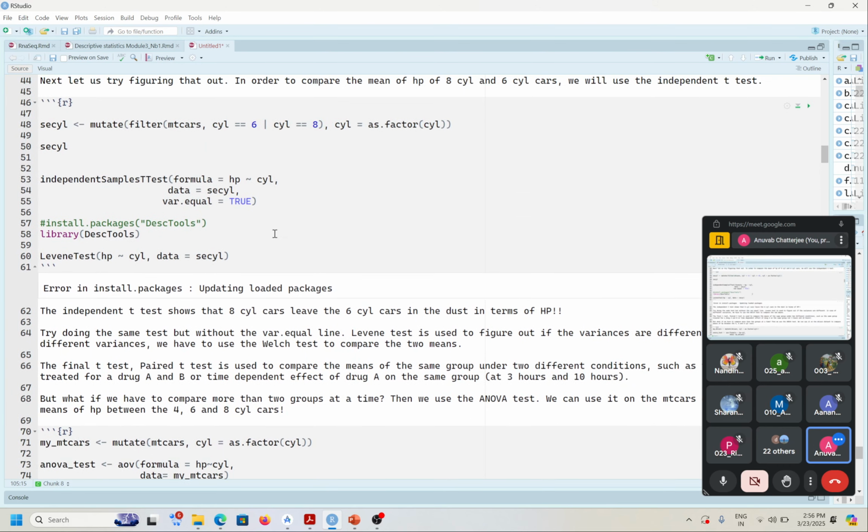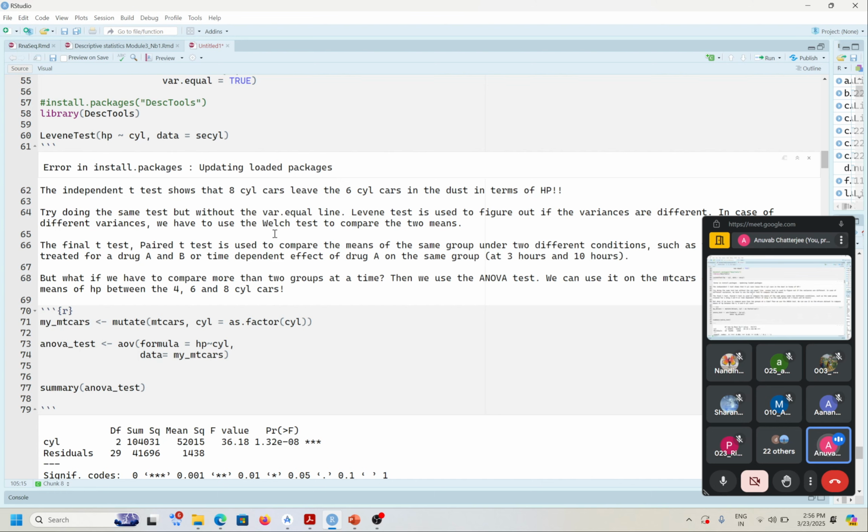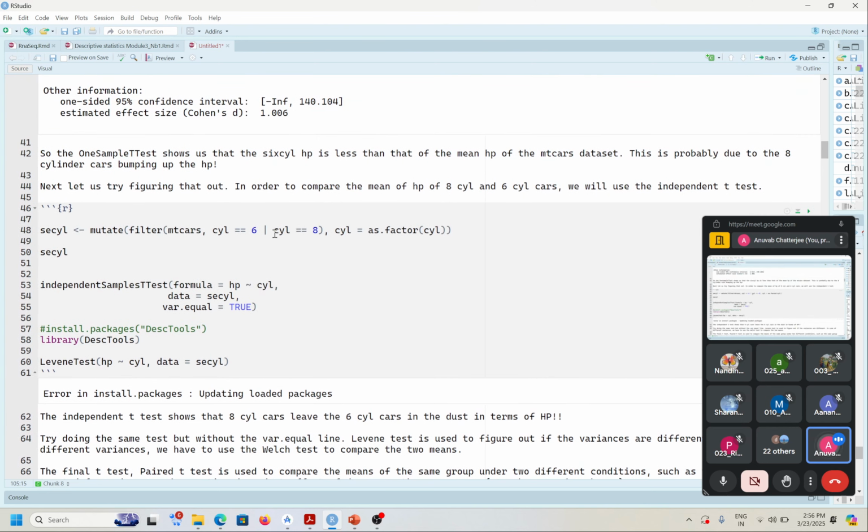In the t-test example, we are looking at a 6-cylinder car engine versus an 8-cylinder car engine, and these were our groups, the HP of 6-cylinder cars and the HP of 8-cylinder cars, and we wanted to compare between them. So which is more powerful in terms of HP, the 8-cylinder cars or the 6-cylinder cars?